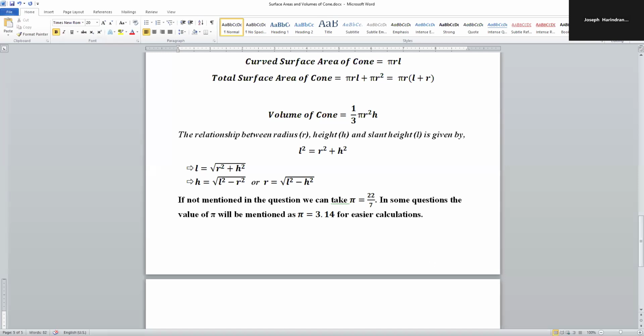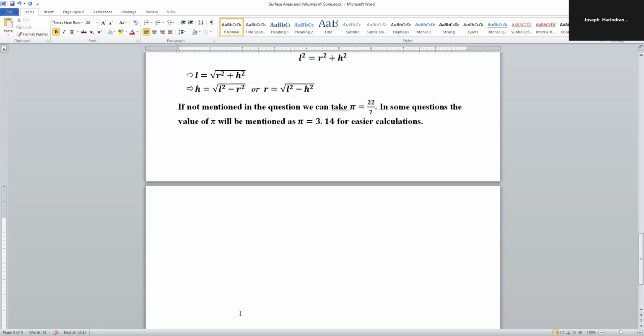See, in this question we are given the width of the sheet, and we have to find the length of the sheet.